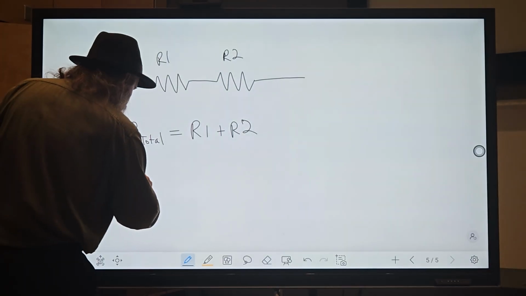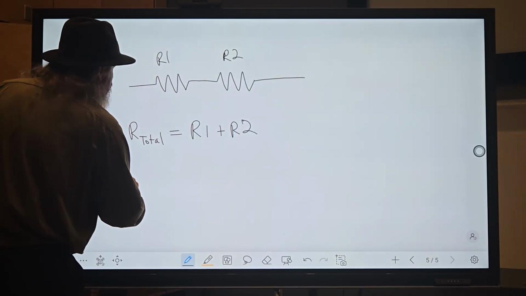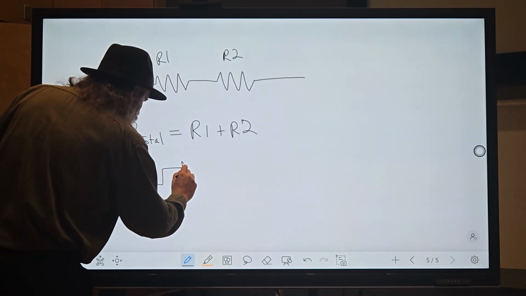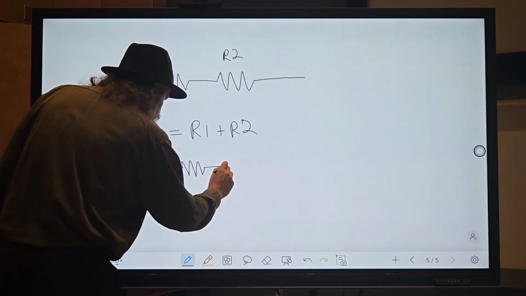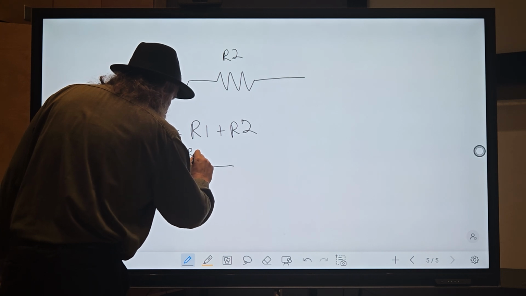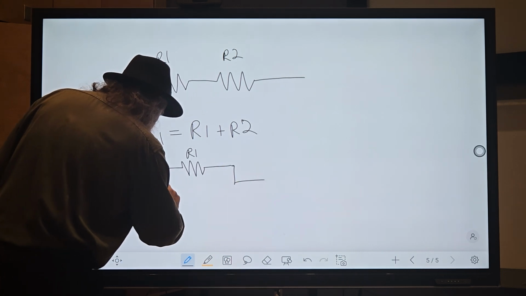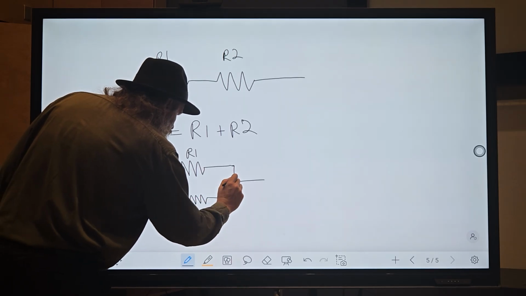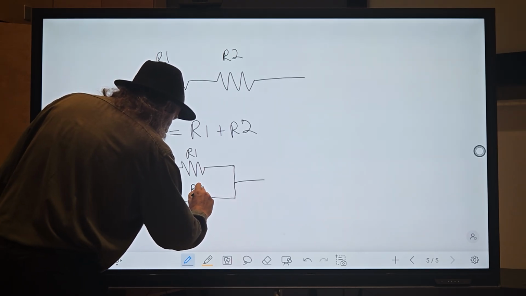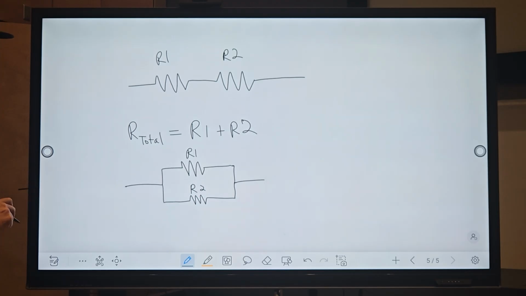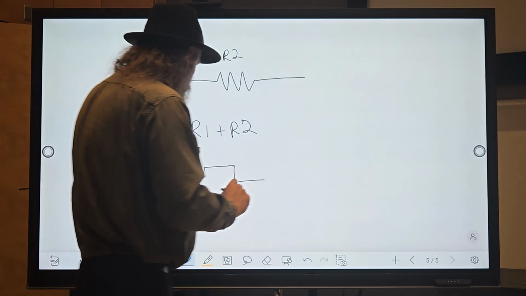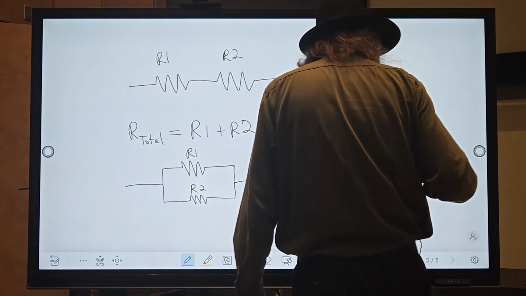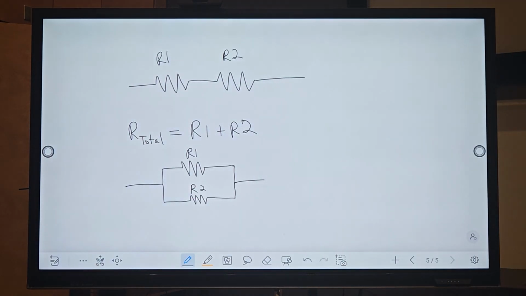Where it gets a little bit more mathy is when you have R1 and R2 in parallel. Let's see if I'm remembering my math right.